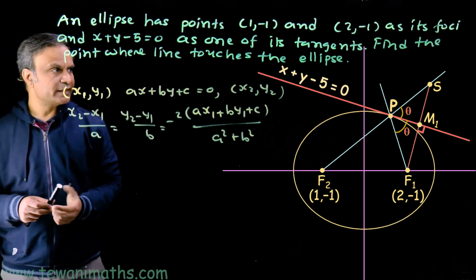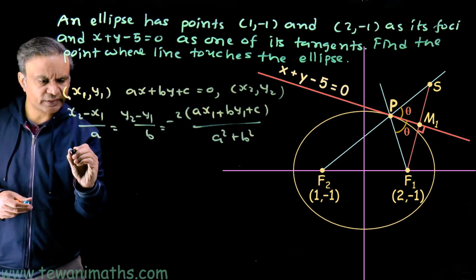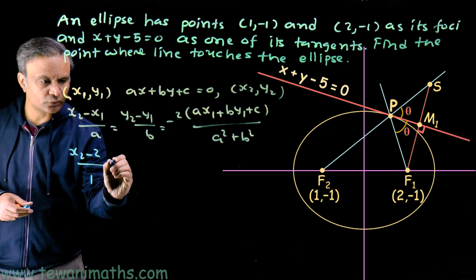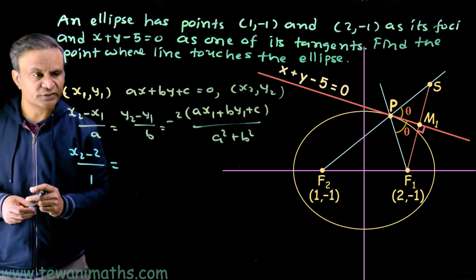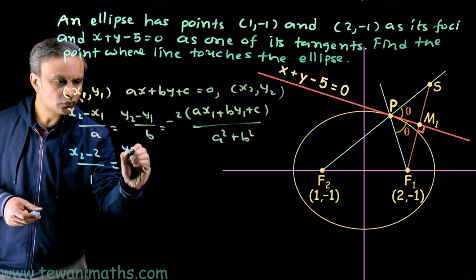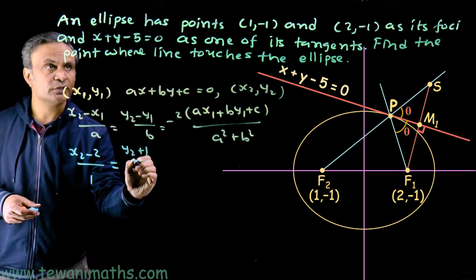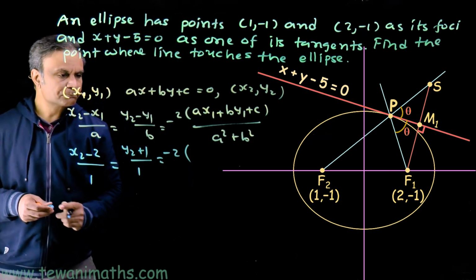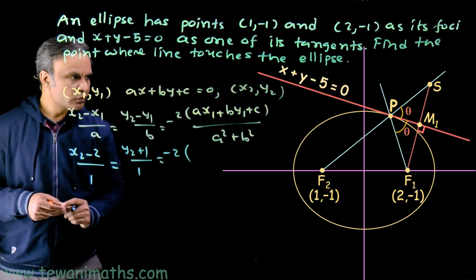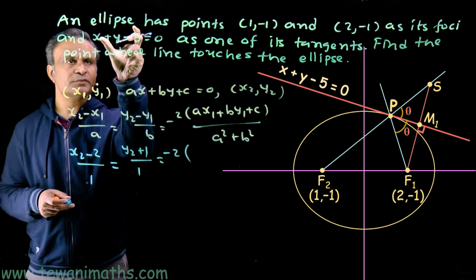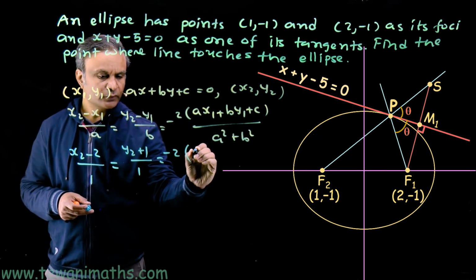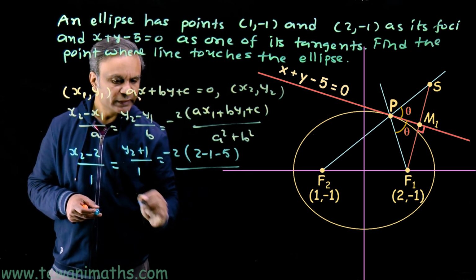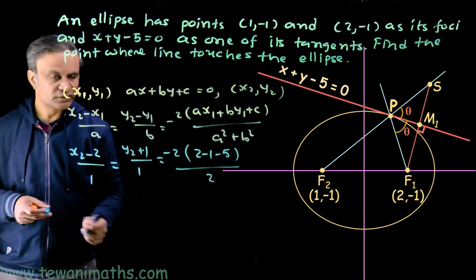Suppose the coordinates of S are (x2, y2). Then we have (x2 minus 2) upon a; here a is the coefficient of x. We are considering this equation. This is equal to (y2 plus 1) upon the coefficient of y, which is 1. This is equal to minus 2 multiplied by, we put the coordinates of focus F1 in this expression, (2 minus 1 minus 5) upon (a squared plus b squared), which is 2.